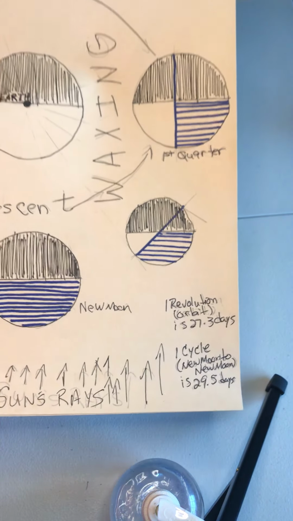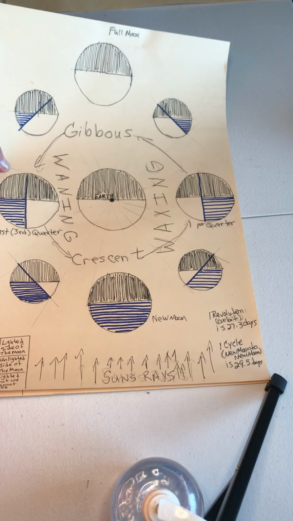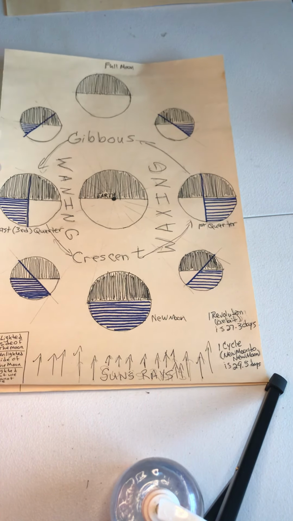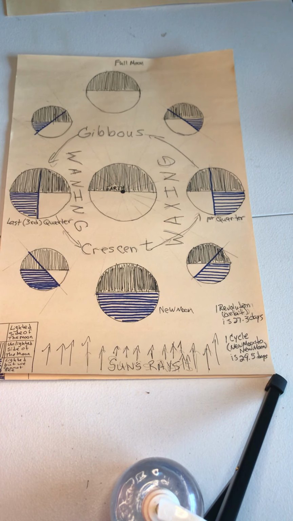And that is why we don't have exact days for everything. Like the full moon is not the third Tuesday of every month. It's because of the difference in time. That just over 2 days time difference means that it's not going to be exactly at the same time every month.